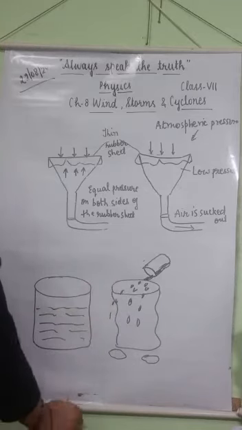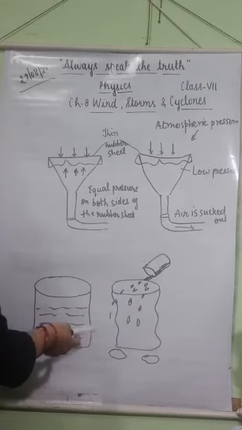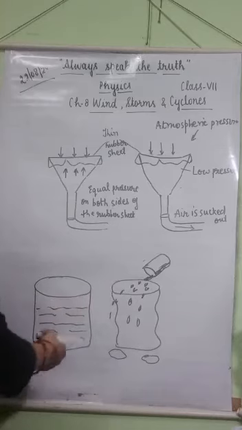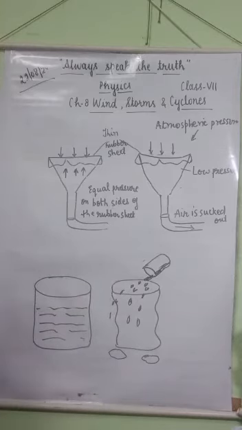So the air pressure inside the tin becomes lesser than the atmospheric pressure outside the tin and it gets deformed. So through these activities we can see that air exerts pressure on objects.